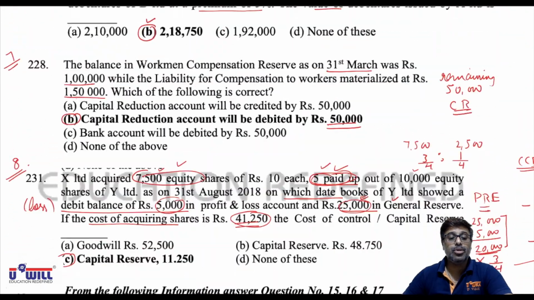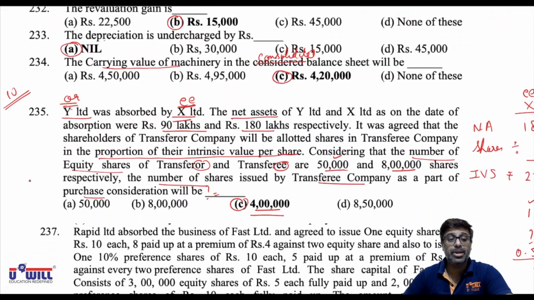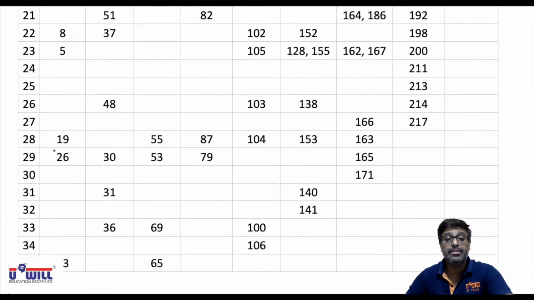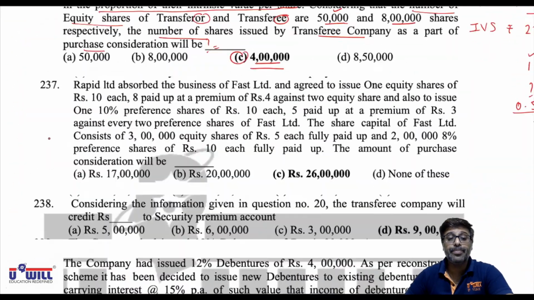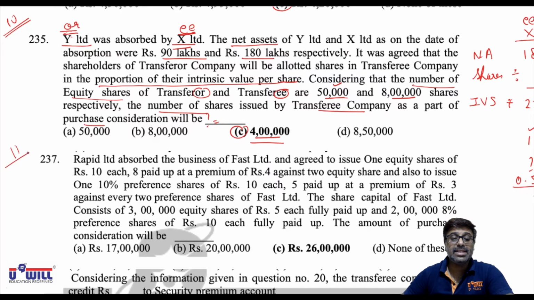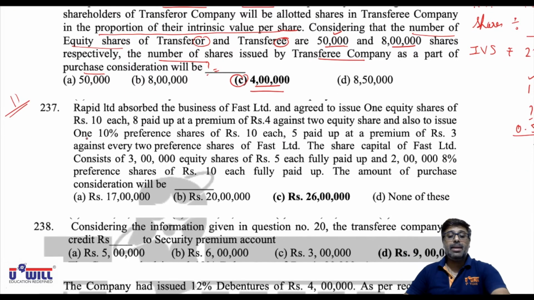Now look at the 10th question, which was already done. Now look at the 11th question, 237. Rapid Limited absorbed the business of Fast Limited.